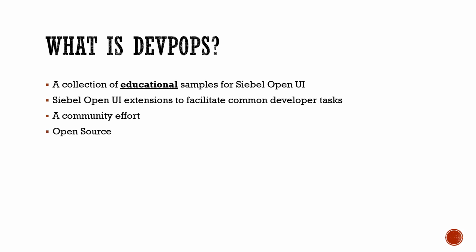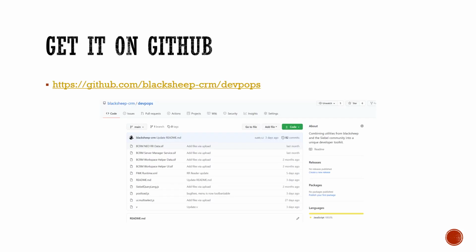So it is two things. You can use it to learn Open UI, advanced Open UI techniques, and you can also use it, under a very big caveat, to improve the developer experience of Siebel.